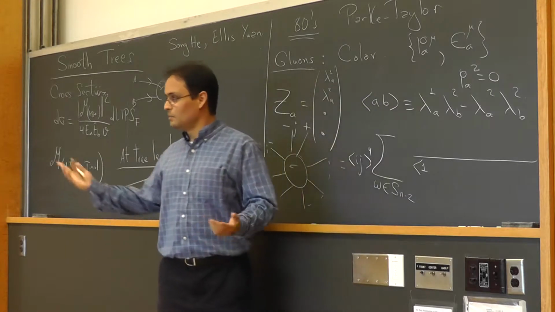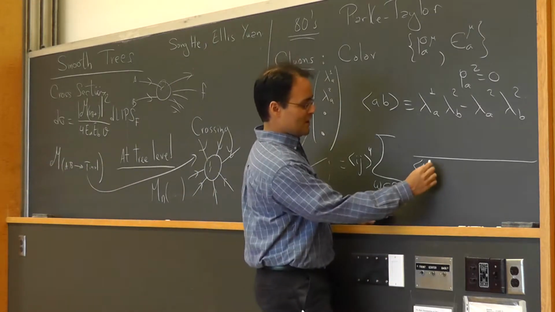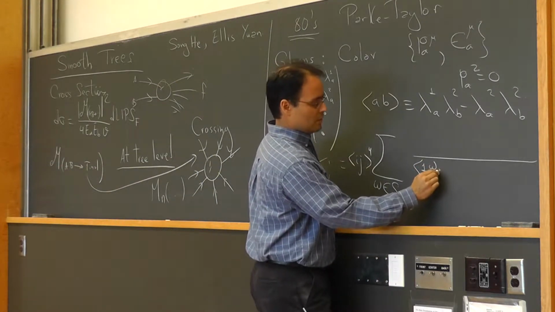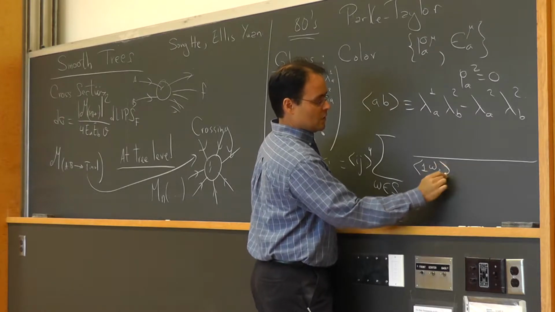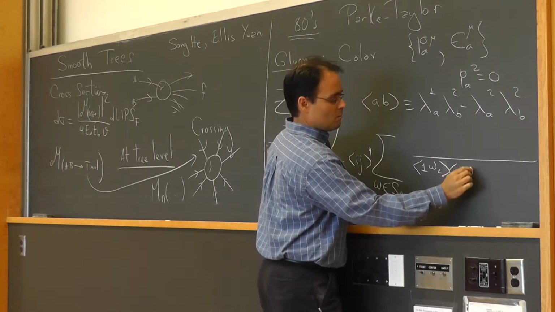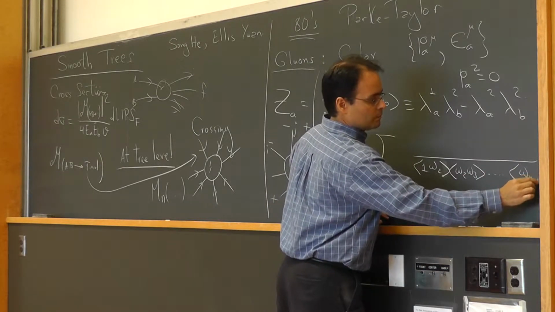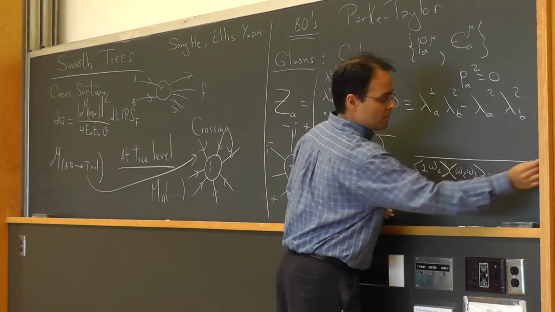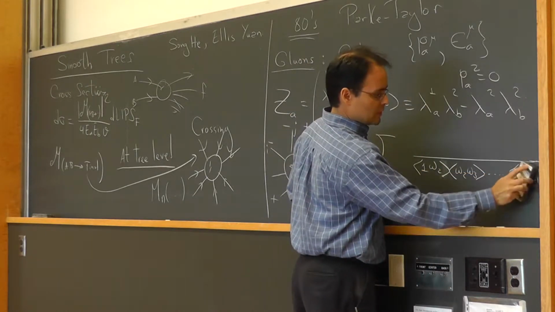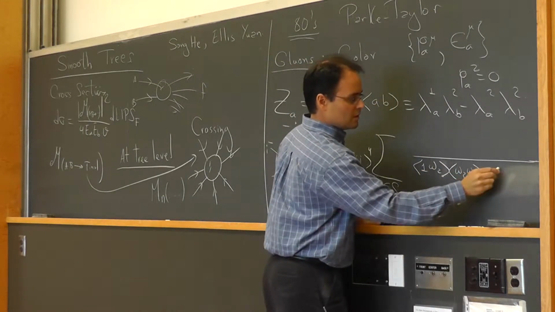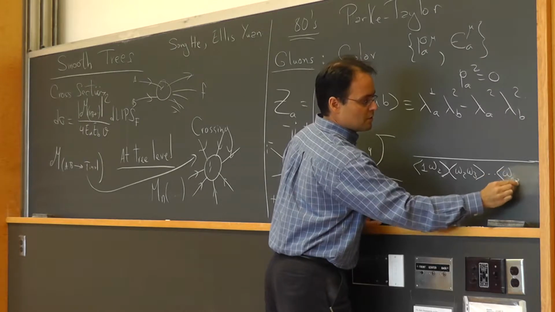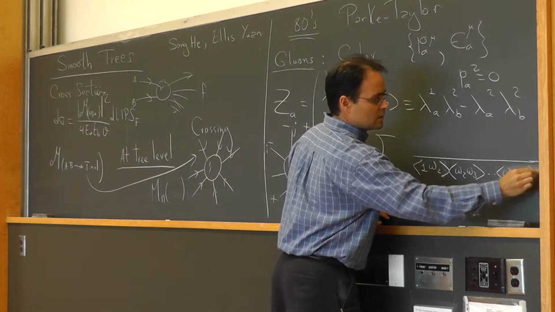And this is a formula that Nima should have started his talks with, but he didn't. Sorry. Let me go up to here. N minus 2, n minus 1.